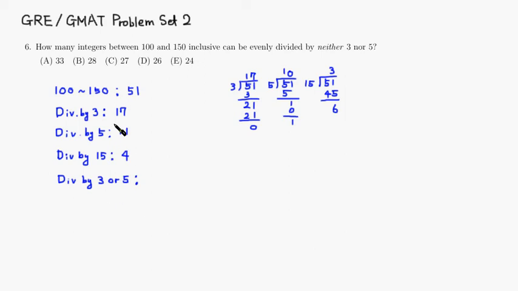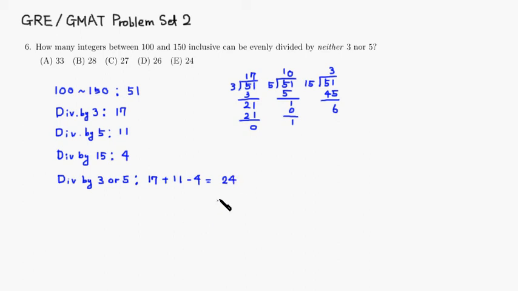We just find the number of integers divisible by 3 and add the number of integers divisible by 5. But this way we're counting the ones divisible by 15, or both 3 and 5, twice, so we have to subtract 4. So this is going to be 28 minus 4, which is 24.